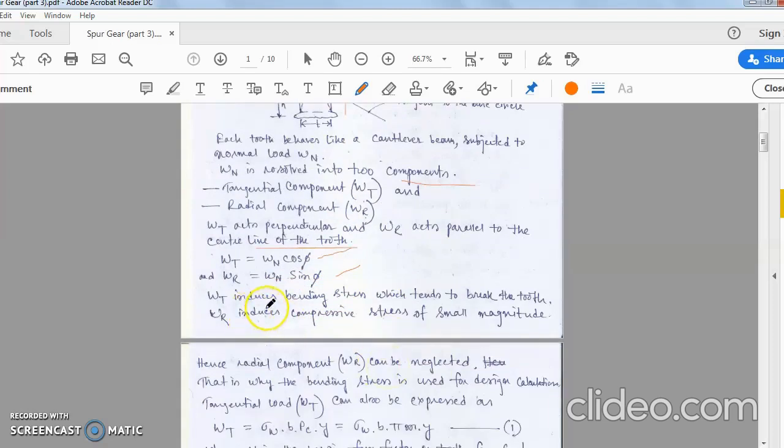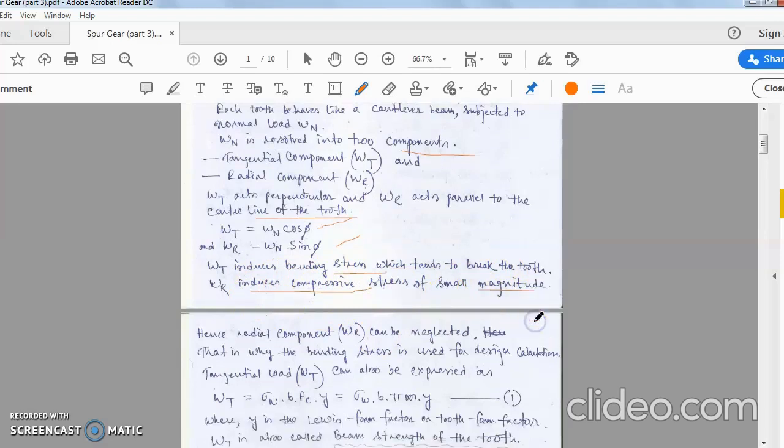Now Wt induces the bending stress which tends to break the tooth, and Wr induces a compressive stress of very small magnitude, so we can ignore Wr. We can set up the beam strength with this Wt. So Wt is the design criterion, the tangential load is the primary designing force we will consider here.